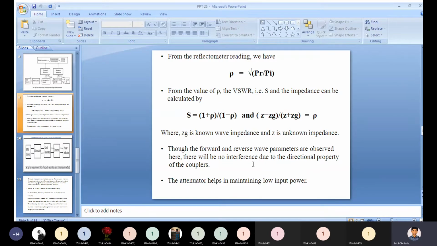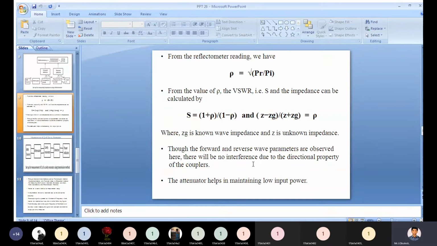You need to remember from this slide, the reflectometer reading, rho is equal to the square root of P_R divided by P_i, reflected power divided by incident power. From the value of rho, what is the VSWR, voltage standing wave ratio?